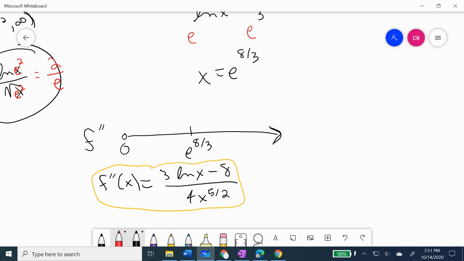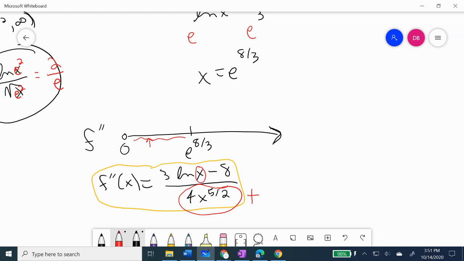I need to pick some number in here that I can nicely plug in. And also keep in mind, I only need to know positive, negative. Because my domain is x greater than 0, my denominator is positive, so don't bother plugging into that. Plug into this x alone.